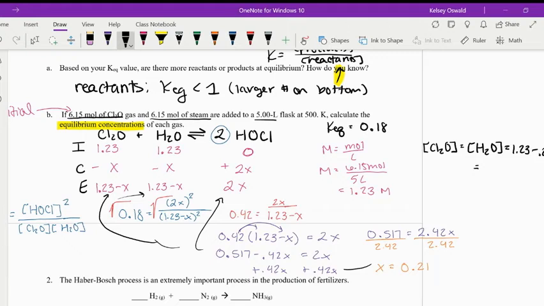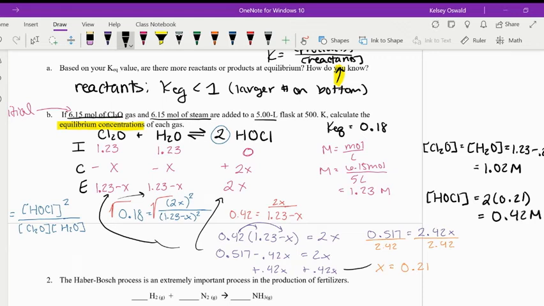And we should find their equilibrium concentrations is 1.02 molar. Likewise, to get our equilibrium concentration for HOCl, since that one had a coefficient of 2, we're going to have a twice as great of a change. So 2 times 0.21 to get an equilibrium concentration of 0.42 molar.